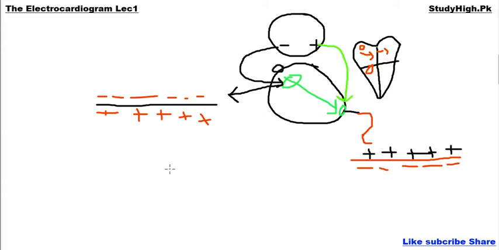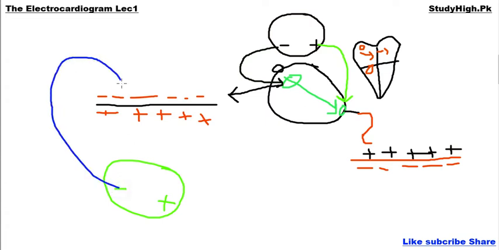Simply, here is our voltage meter which has negative and positive terminals. Its negative terminal is connected with this part of the cell membrane, whereas the positive terminal is connected with this part. What type of deflection will this voltage meter show?